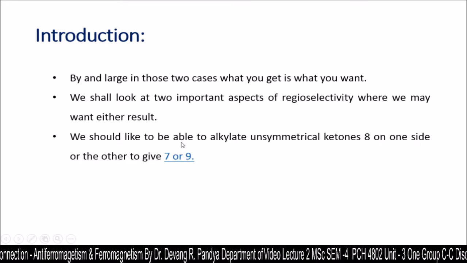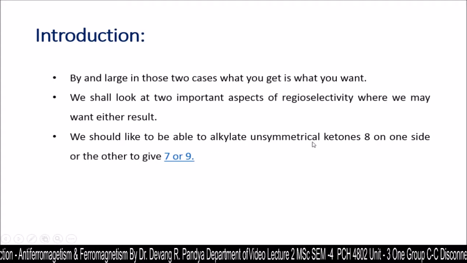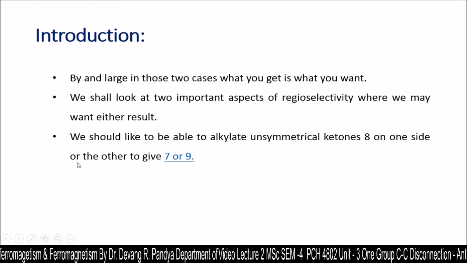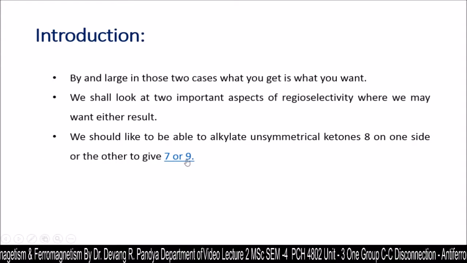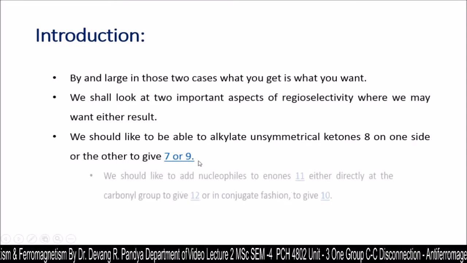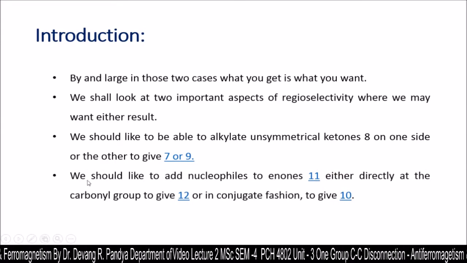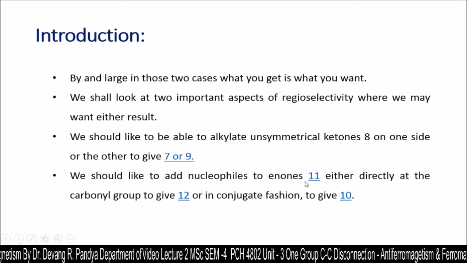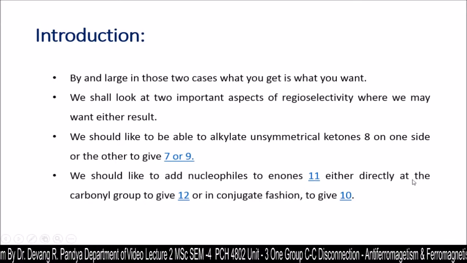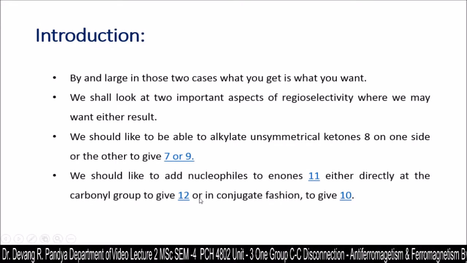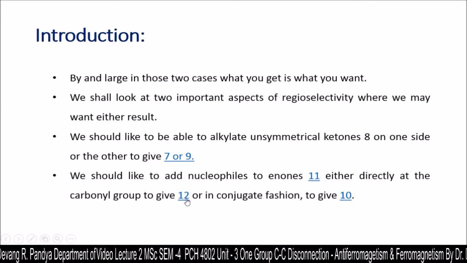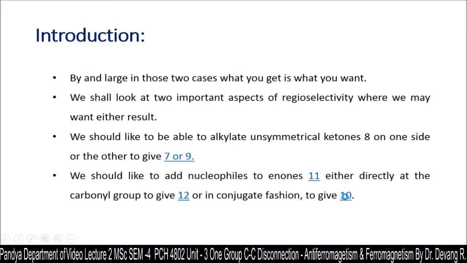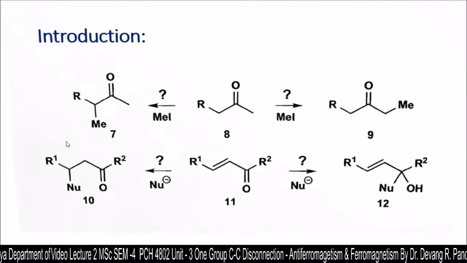We should like to be able to alkylate an unsymmetrical ketone, that is structure 8, on one side or another to give structure 7 or 9, which we have already seen in the previous slide. We should like to add nucleophiles to enones either directly at the carbonyl group, which gives structure 12, or in conjugate fashion to give structure 10, which we have already seen.